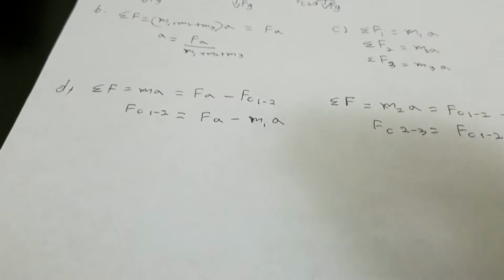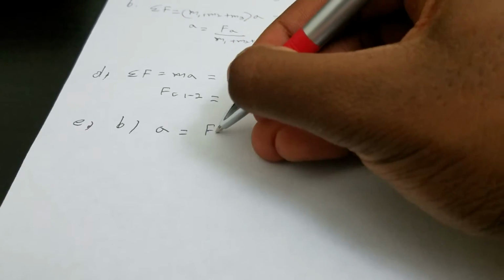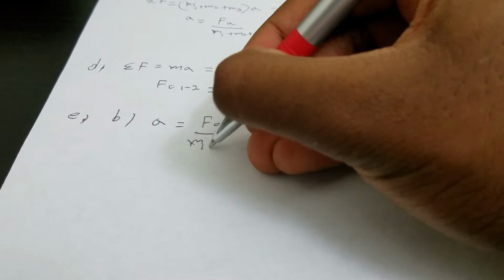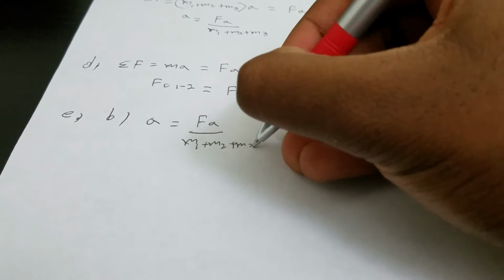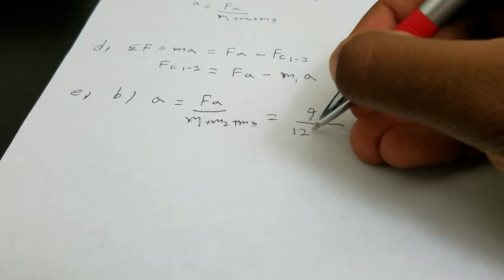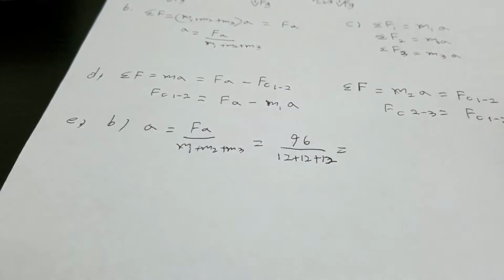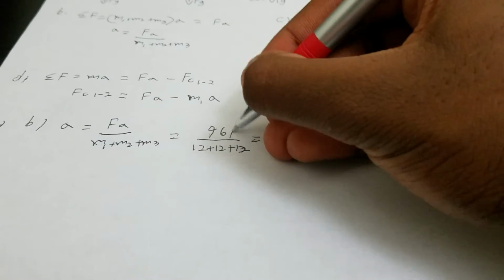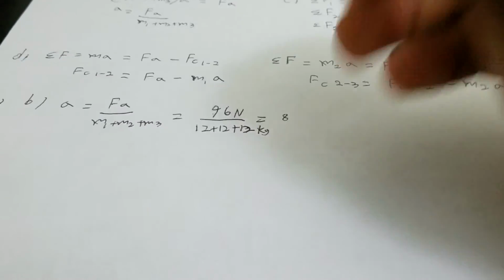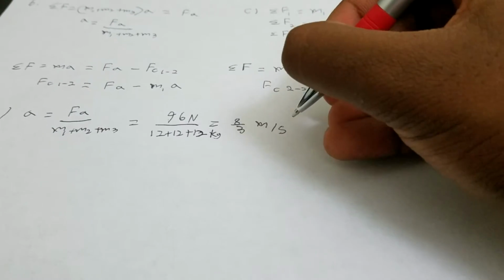They want numerical answers for parts B, C, and D. The numerical answer for part B, since acceleration equals force applied over mass 1 plus mass 2 plus mass 3, would equal 96 newtons over 12 plus 12 plus 12 kg, and this simplifies to 8/3 meters per second squared.